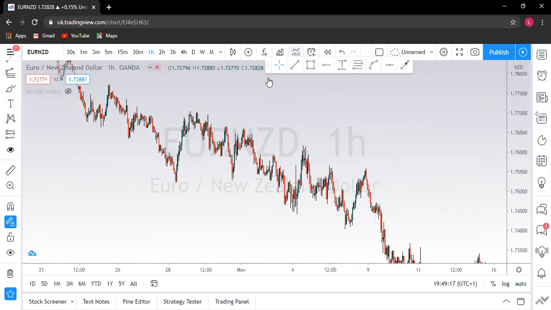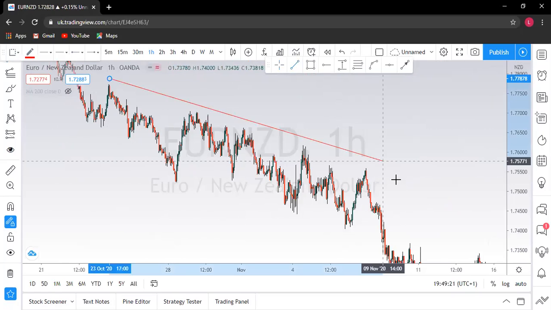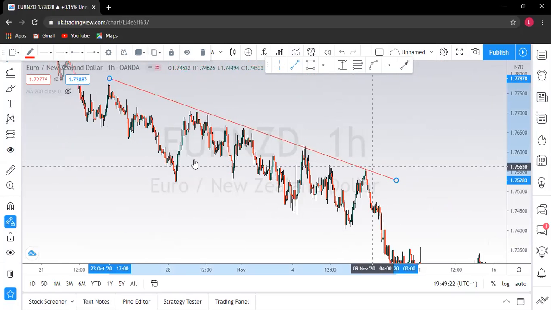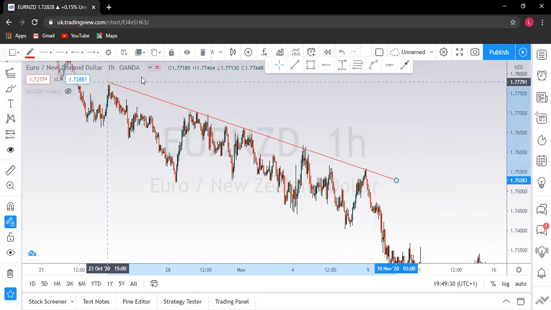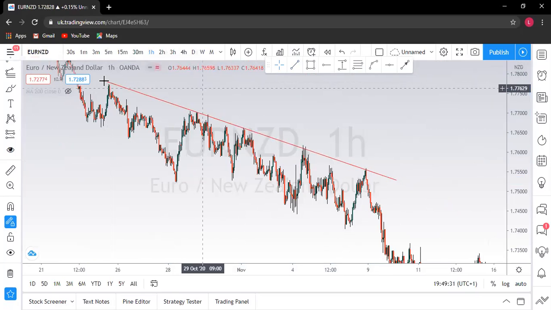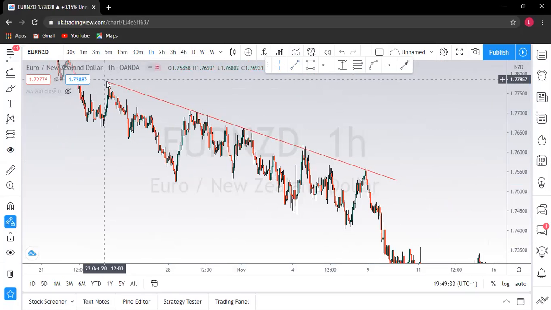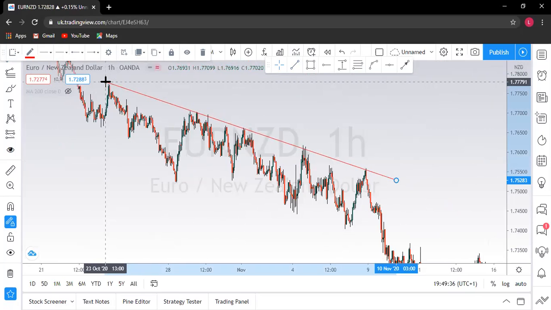That means we're looking for more positions to sell. So that is when this is going to be useful, because whenever we see a pullback to this trend line, we can easily take our sell because we have a confluence, we have a reason for selling.